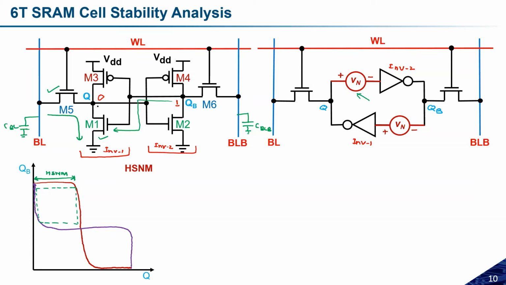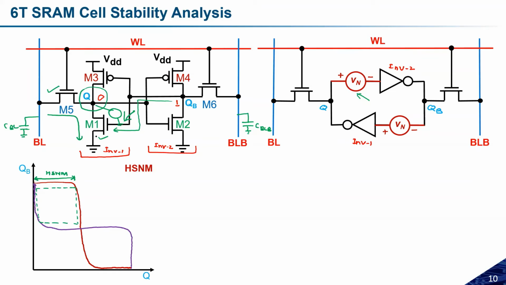Let us assume I have connected some voltage noise over here, and I'm increasing the voltage from 0 to 1. I'm trying to charge this Q voltage through this noise, and this CBL is discharging through M5 and M1. The noise is charging Q, and because M5 and M1 are in on state, they try to discharge it.